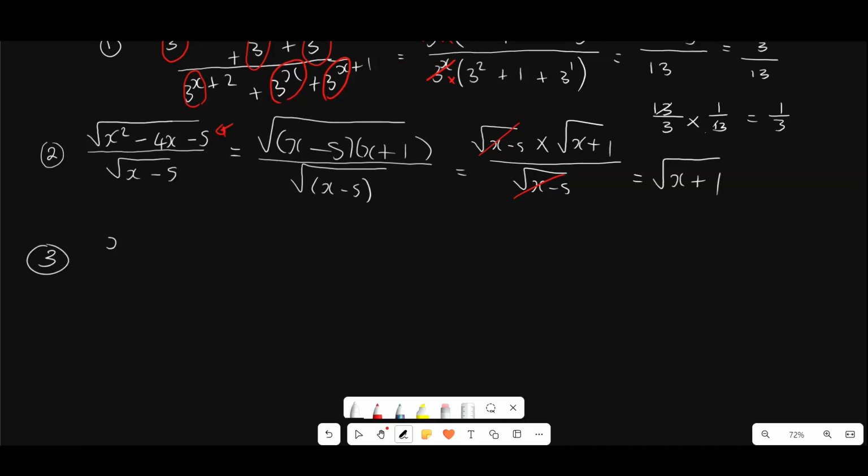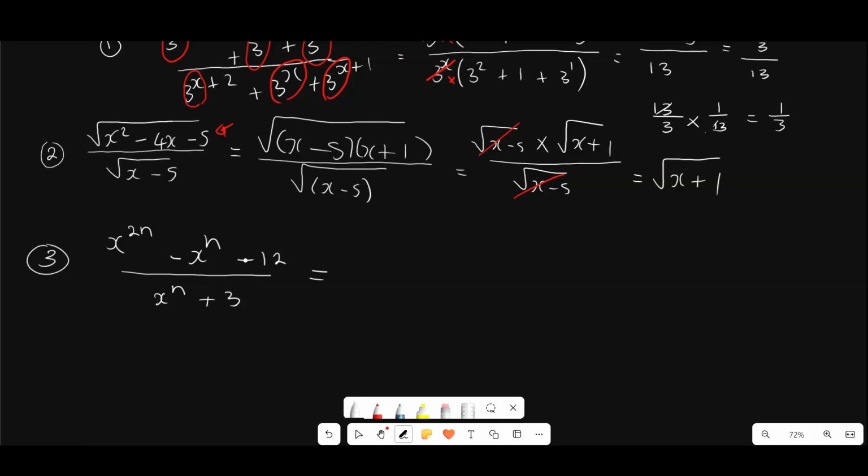Let's say you have x raised to the power 2n minus x raised to the power n, and then minus 12, all divided by x to the n plus 3. Okay, so pause the video to do this one here, and then check your answer when you're done, right?